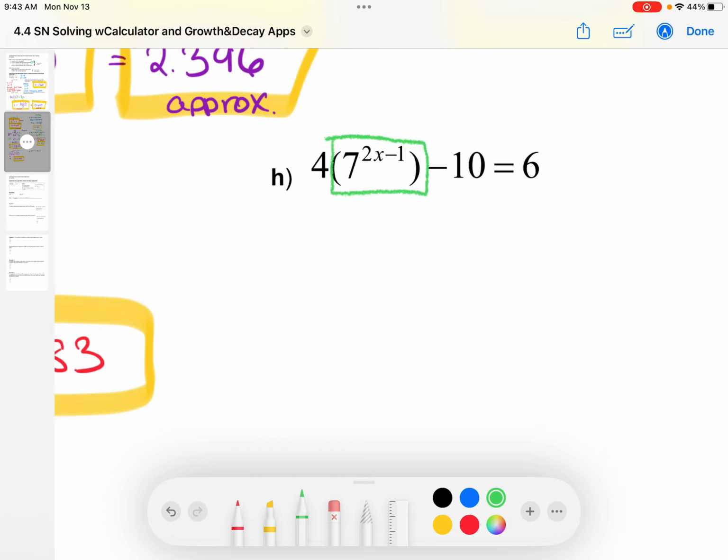So we want to isolate, get by itself, the 7 to the power of first. Okay, and once we isolate that, then we can solve. So again, we're treating this like it's 4a minus 10 equal to 6. So we'd add the 10 over.